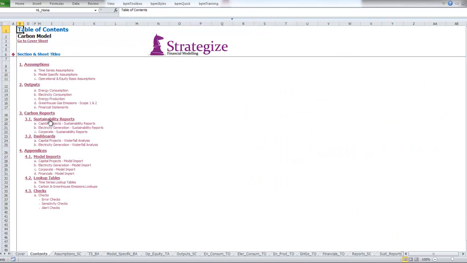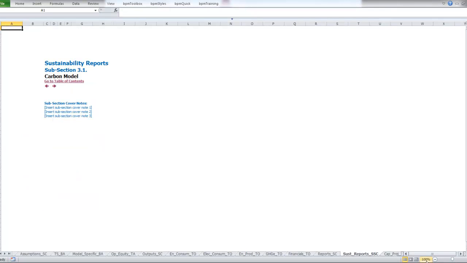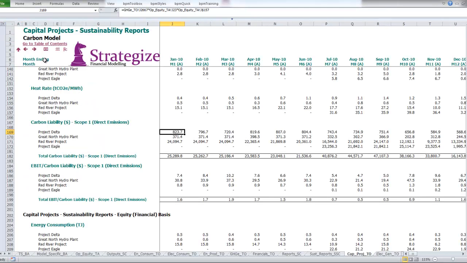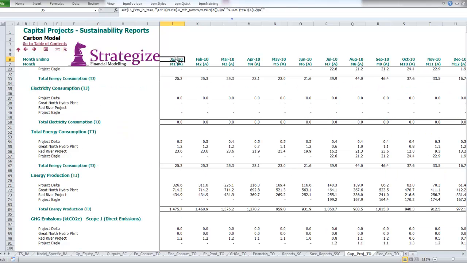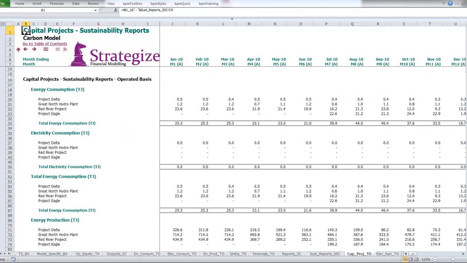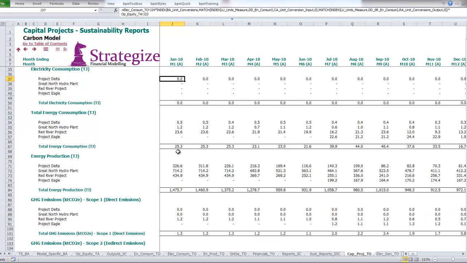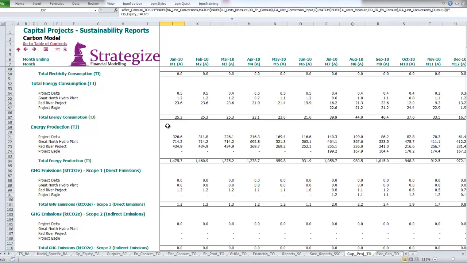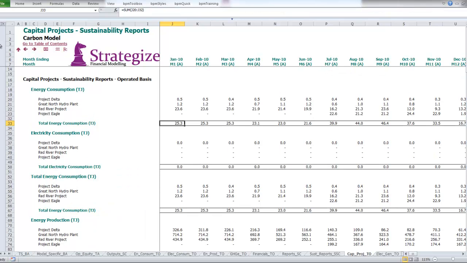We'll firstly discuss sustainability reports, and we're looking firstly at our first business unit, which is capital projects. Now, the beauty of these output sheets is that they provide a high-level summary of your energy consumption by each asset, and then give you your overall energy consumption total for that business unit.